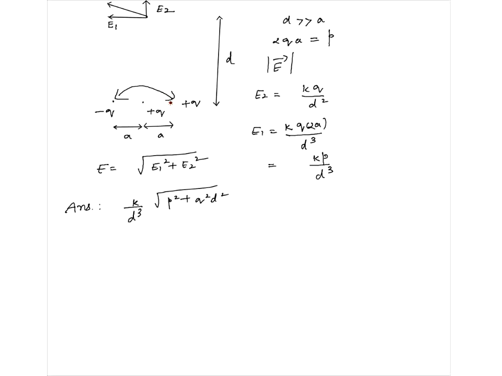When you are finding field at a point, then field at a point is obtained by superposition principle. Effect of each charge accounted for only once. And then you take the vector sum of that. You can't give an extra weightage to one charge by counting that 2 times. So that won't be correct.